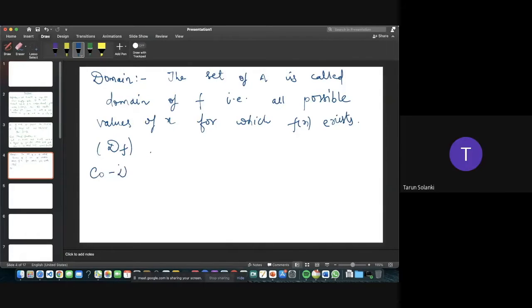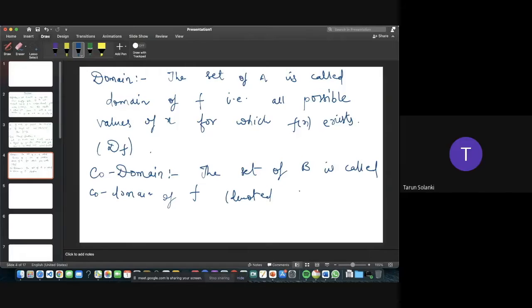Similarly, for codomain, the set B is called the codomain of f, which is denoted by C of f.